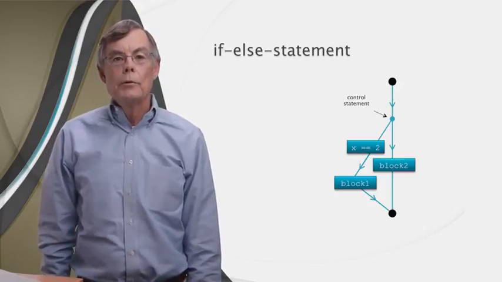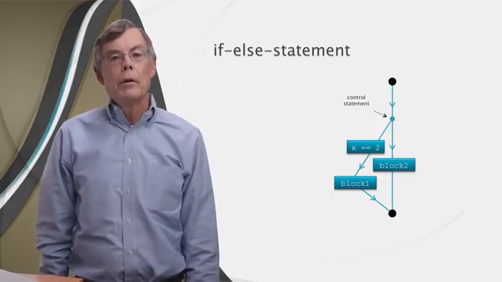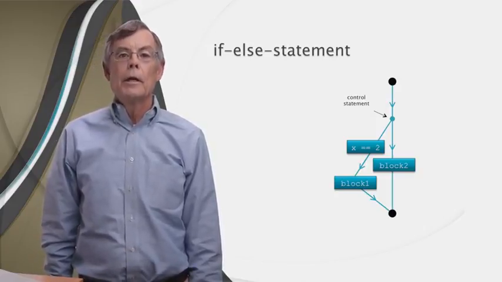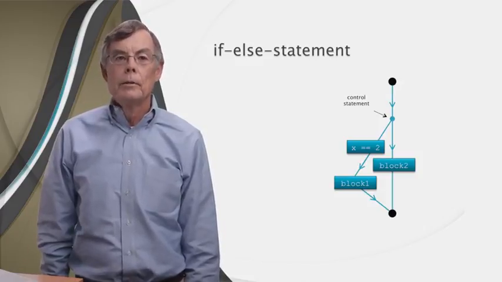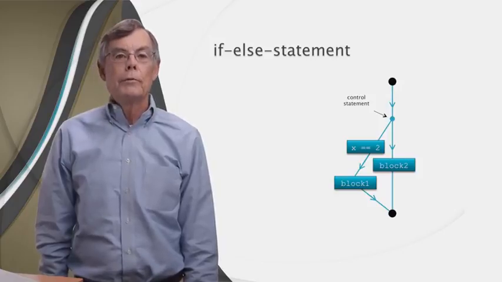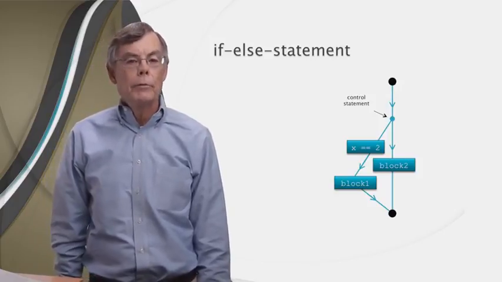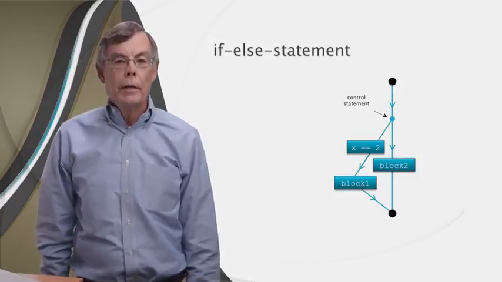These statements are the ones that come before the else keyword. The branch that goes straight down represents the case when the condition is false, that is, x is not equal to 2. The box labeled Block 2 represents the set of statements that will be executed when this branch is taken. And these statements are the ones that come after the else keyword.